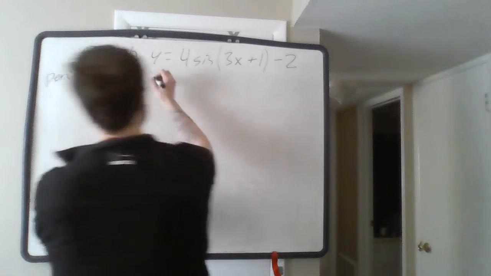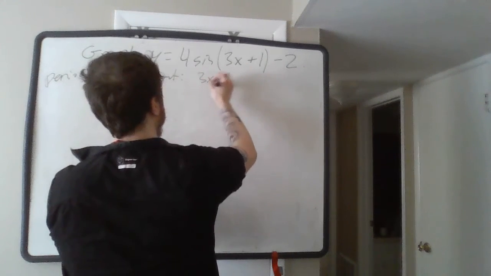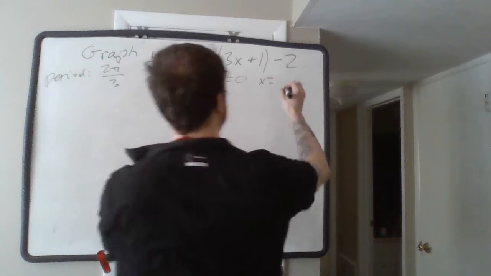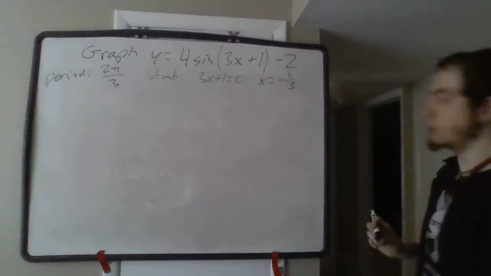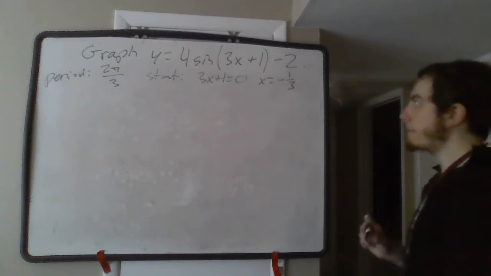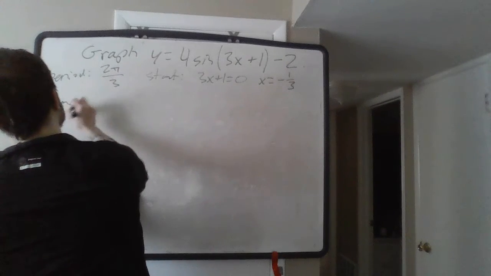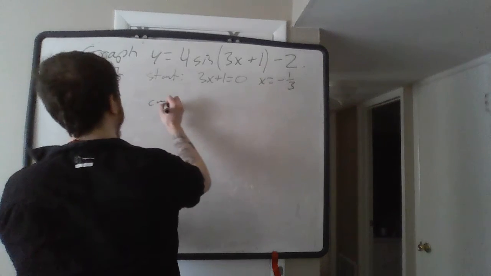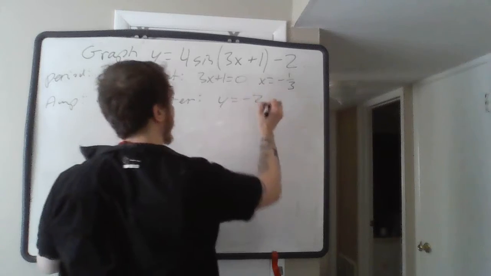The new start of the period is going to be when 3x plus 1 equals 0. That's going to be at x is equal to minus 1/3. So we're going to start at minus 1/3. The new amplitude is going to be 4, and the new center line is going to be at y equals -2.